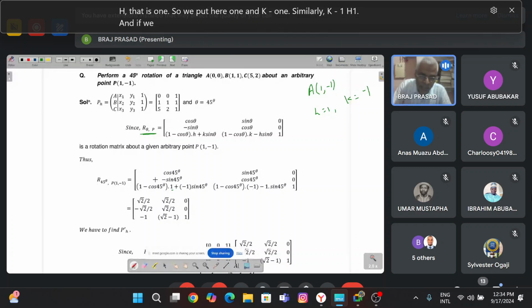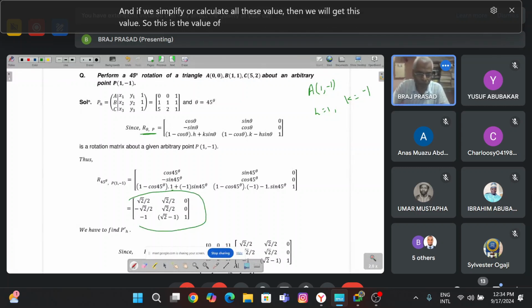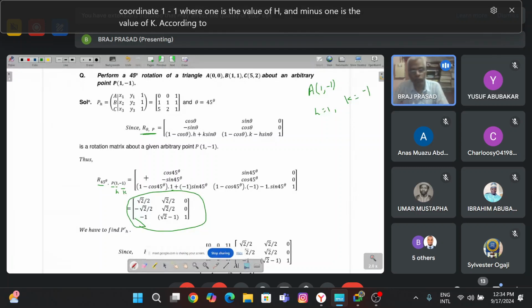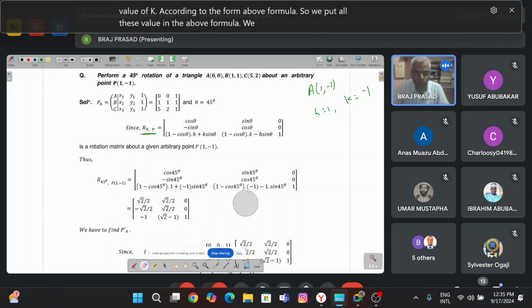If we simplify all these values, then we will get this value. So this is the value of R 45 degrees, where theta is 45 degrees and the arbitrary point is P with coordinates (1,-1), where 1 is the value of h and -1 is the value of k, according to the above formula. So we put all these values in the above formula, and we get this value.